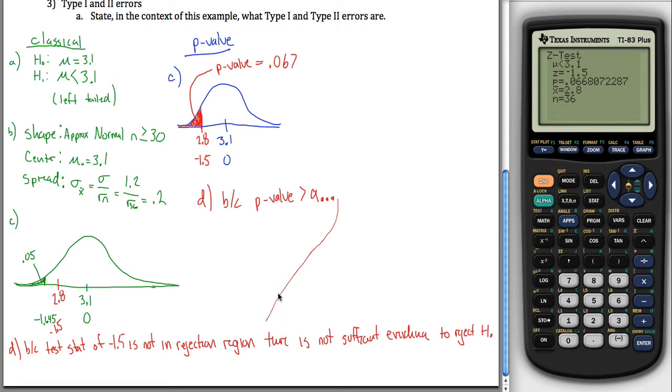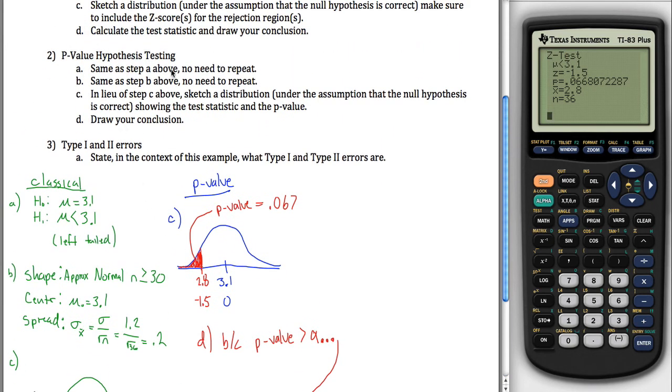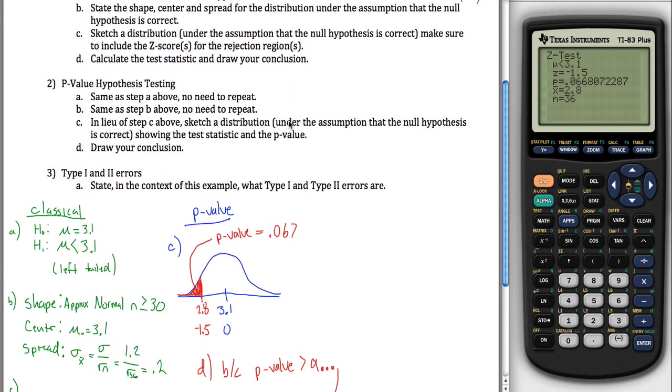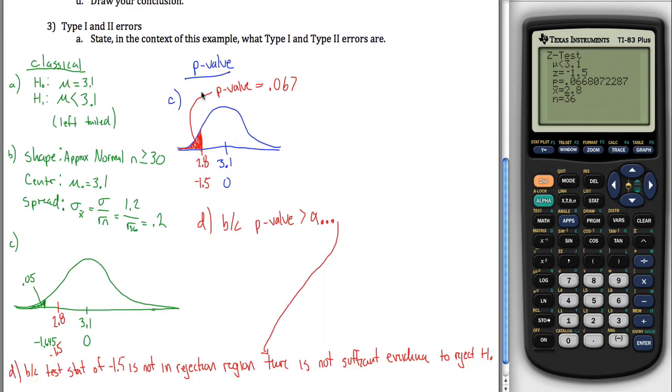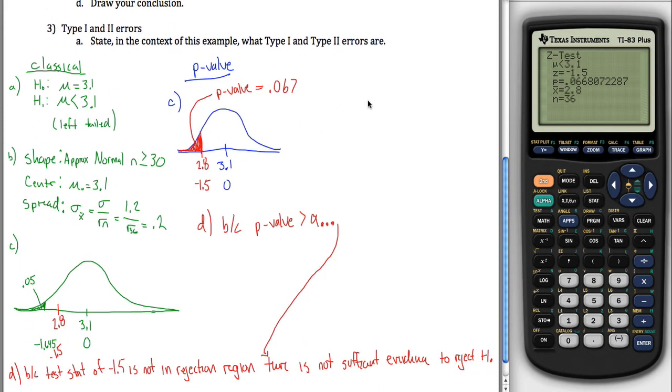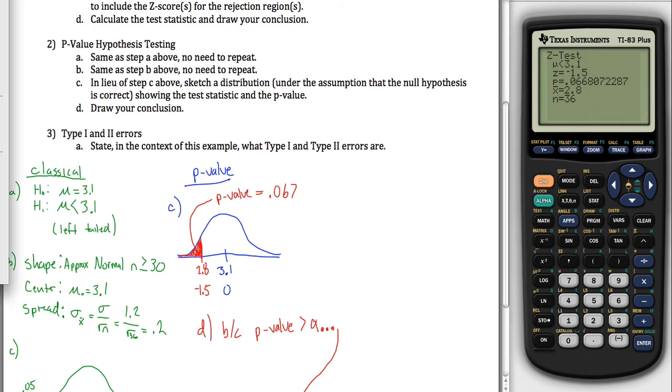Because the p-value is greater than alpha, there is not sufficient evidence to reject the null hypothesis. Make sure I did everything. Sketch a distribution showing the test statistic, that's this guy, and the p-value. Draw my conclusion, done. So it looks like we got everything here. And if you can start to see the conclusions between classical and p-value, you're doing really good. It takes a little while to make that make sense.